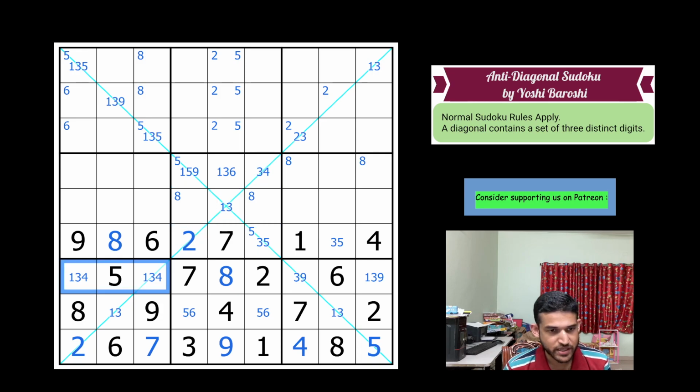So that creates tremendous pressure on this box. So 1 would be forced in here, and in this box 1 cannot be in the diagonal and 1 will be forced here. So 2 1s in row 7. So clearly not possible, right? This cell cannot be a 1 because that forces 1 from both the diagonals, and that forces 2 1s in row 7. So that's not 1.